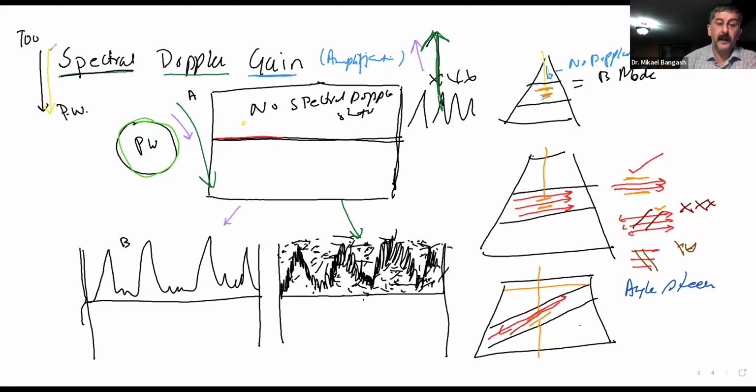Too low of a Doppler gain, so low that although the signals might be recorded, the intensity or the amplitude of the signal was not strong enough to produce the graph on our spectrum. So we can just increase the amplitude and the intensity of the signals to make them strong enough to appear as a recorded graph.